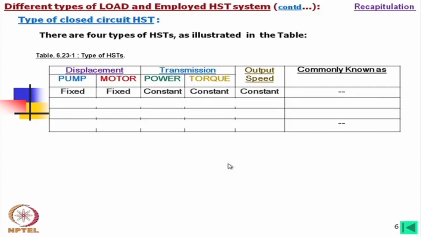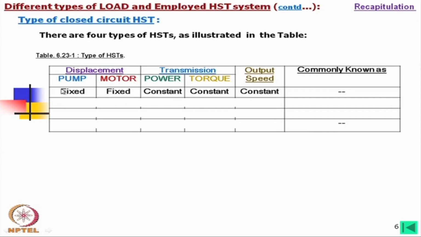Now, the first one is that the pump is fixed displacement, and the motor is also fixed displacement. Fixed displacement means it has constant swept volume. What is constant swept volume? Swept volume is the volume displaced by one revolution, whether it is a motor or a pump. So, for only one revolution, whatever the geometric displacement, that is called the swept volume without considering any leakage.